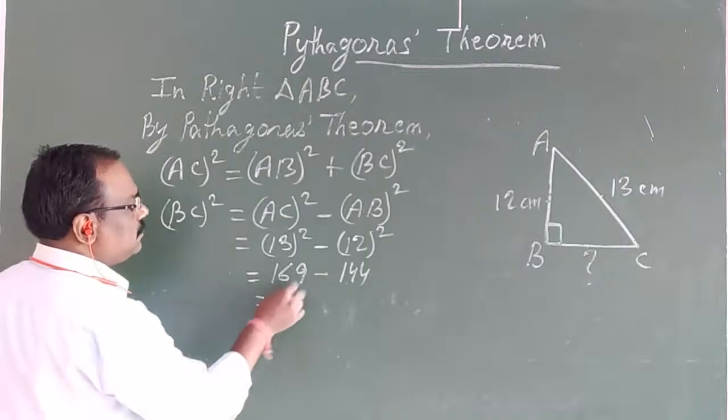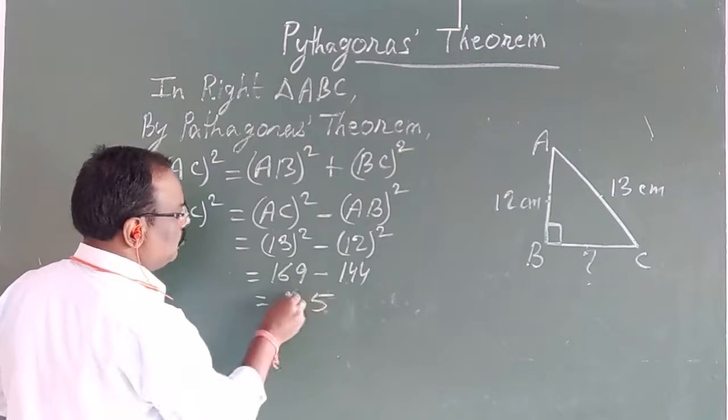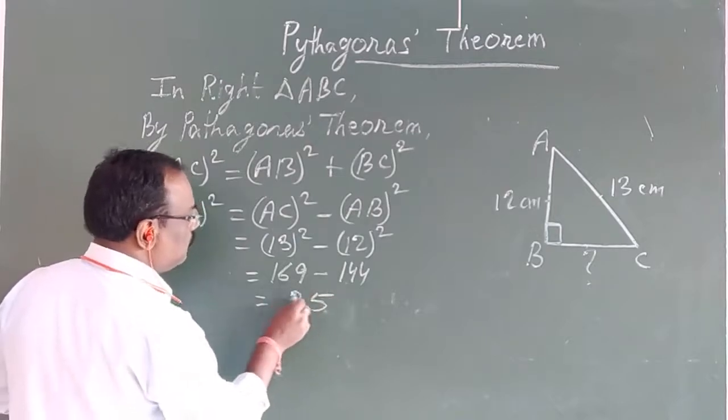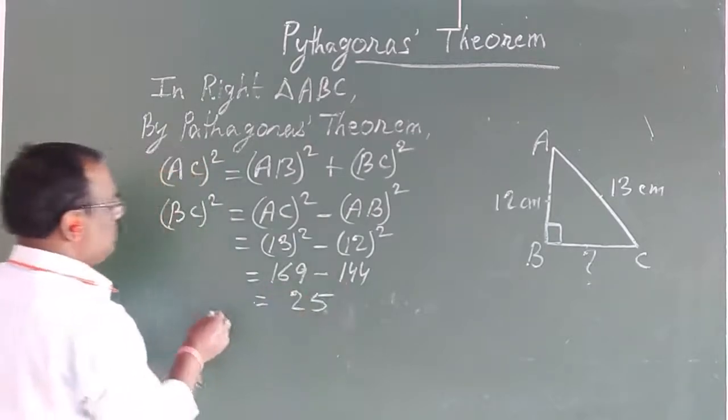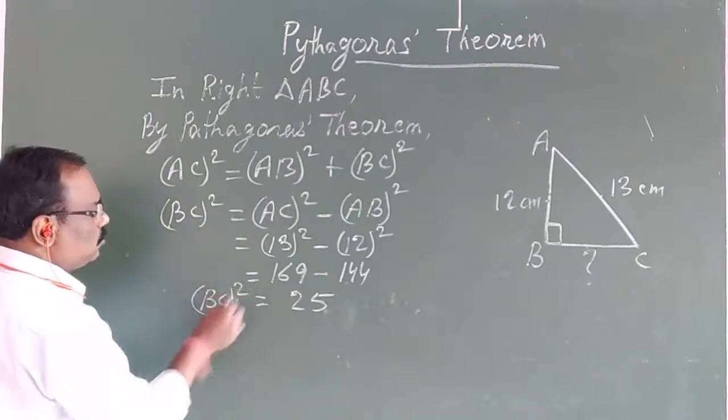When we subtract, 9 minus 4 we get 5, 6 minus 4 we get 2, and 1 minus 1 is 0. So we got BC square is equal to 25.